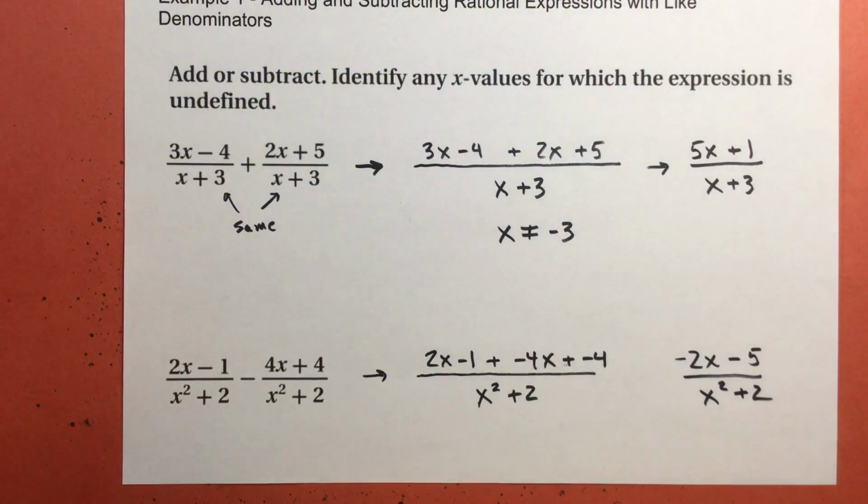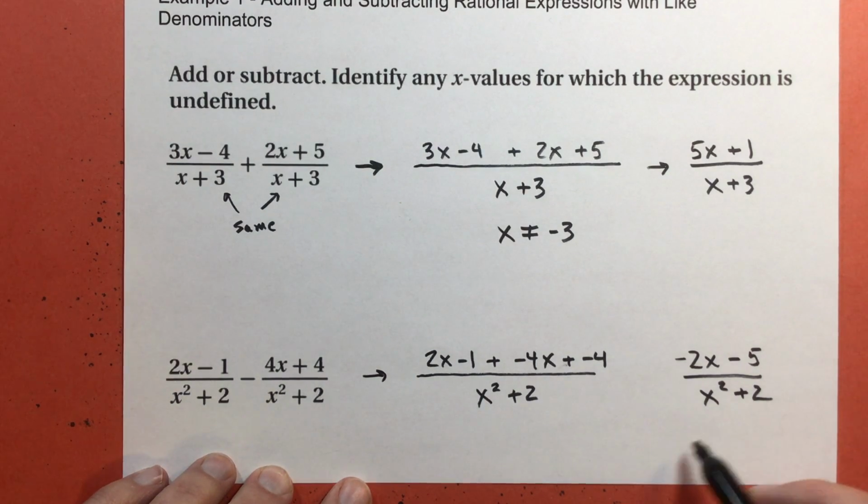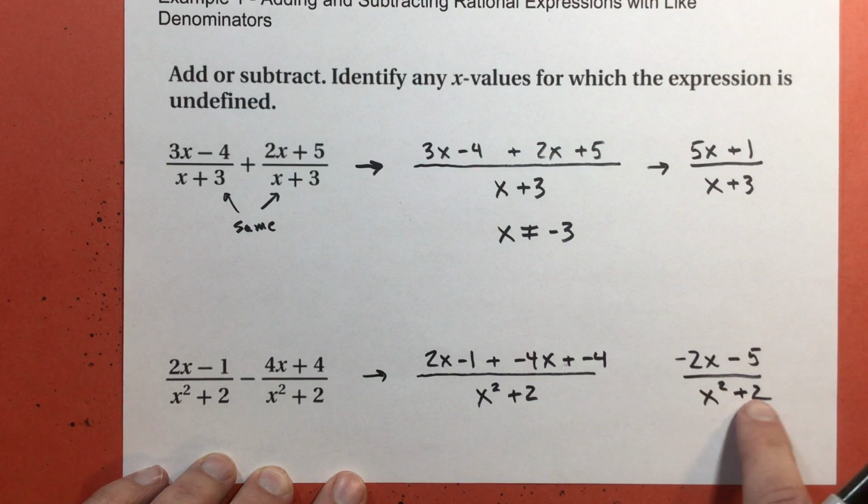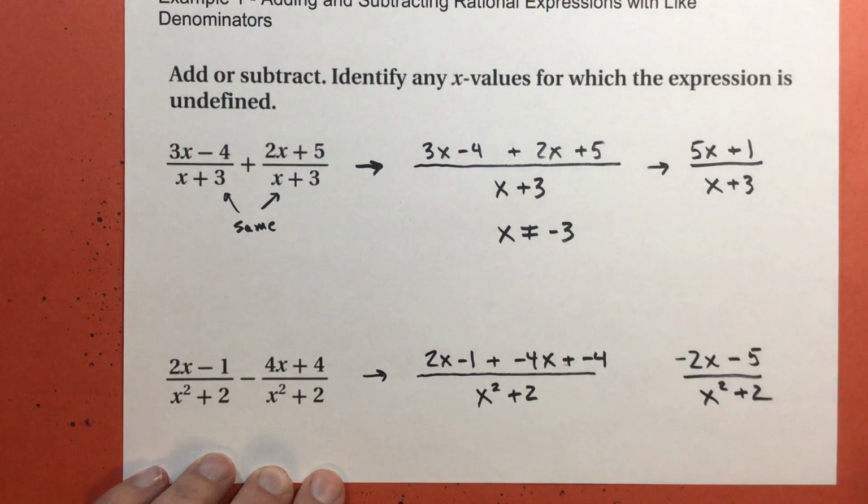All right, so let's do the last part where we figure out any x values that are going to make the denominator undefined. Well, to make the bottom undefined, x squared plus 2 has to equal 0. And I know we got into this last time, that then I'm going to turn around and say, well, don't let that happen.